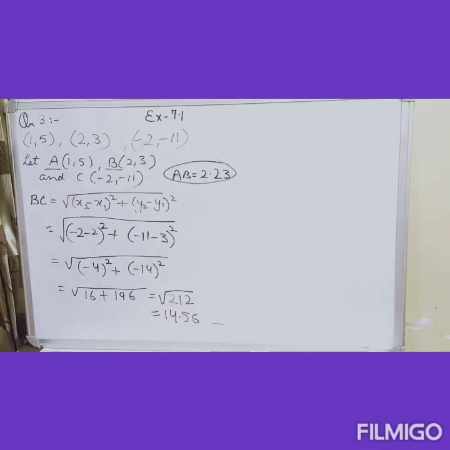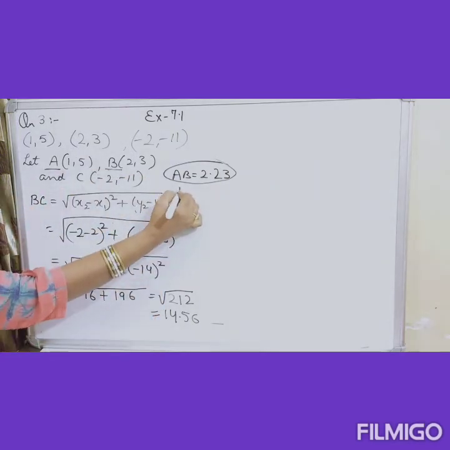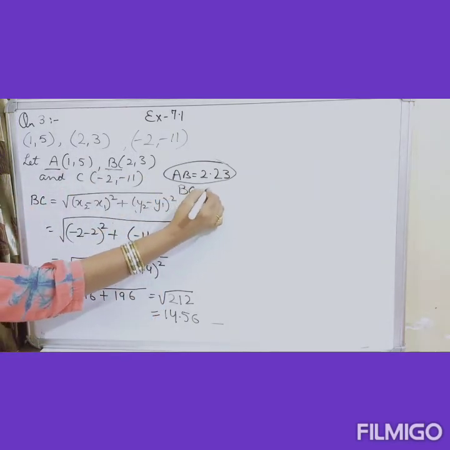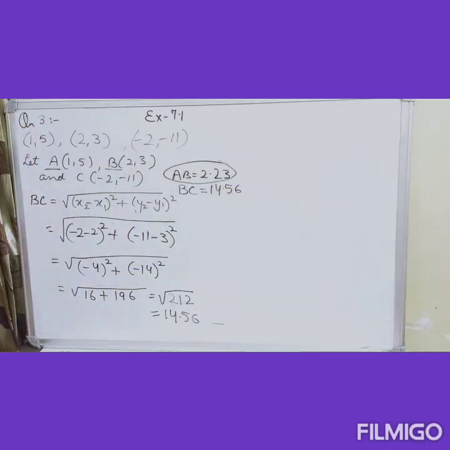Now we have found 2 values, AB and BC. AB is 2.23 and BC is 14.56.